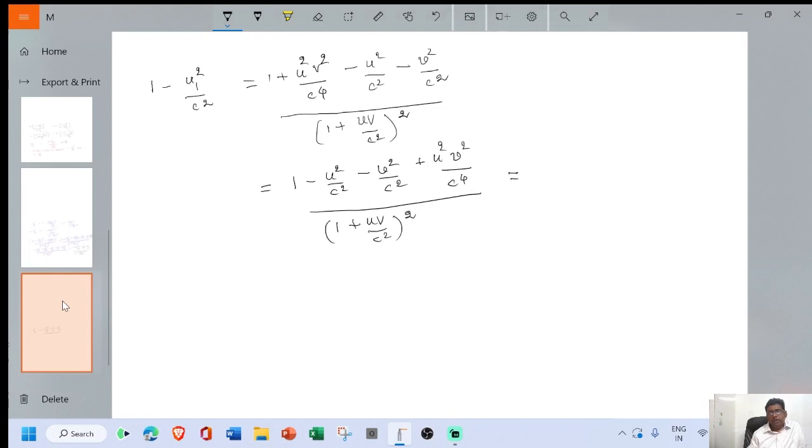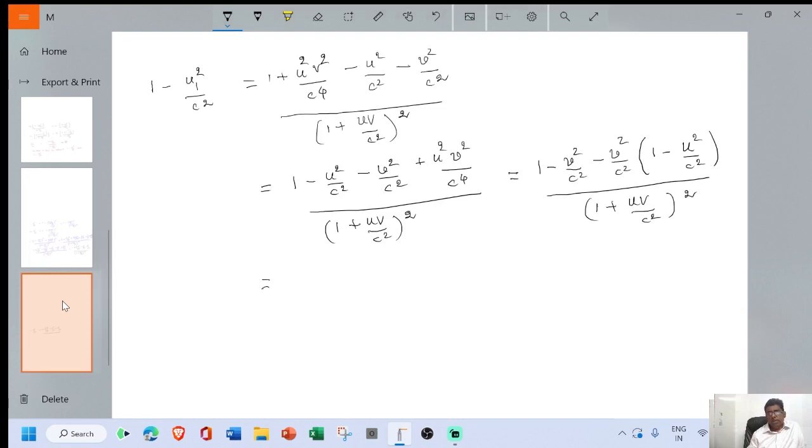This is equal to 1 minus u square by c square minus v square by c square. Take this as a common term: 1 minus u square by c square, whole divided by (1 plus uv by c square) whole square.